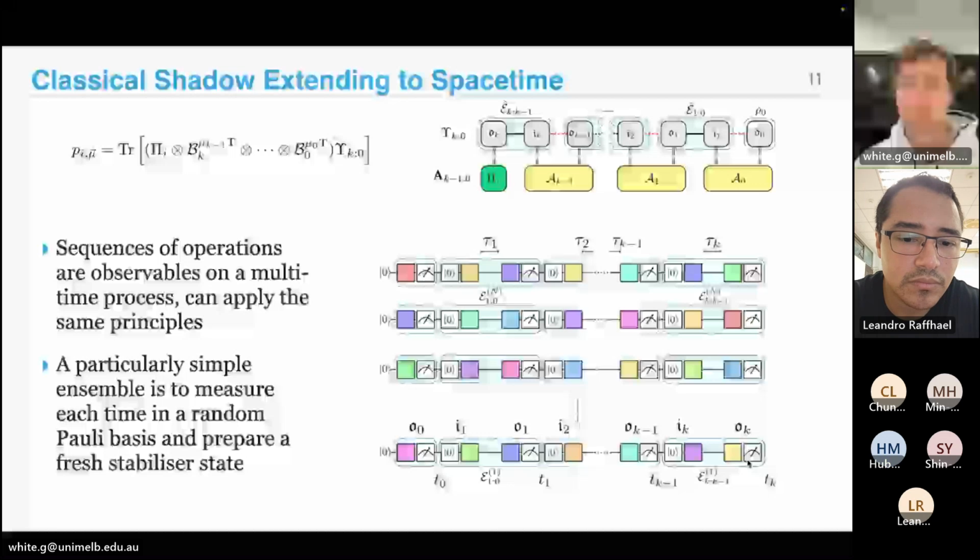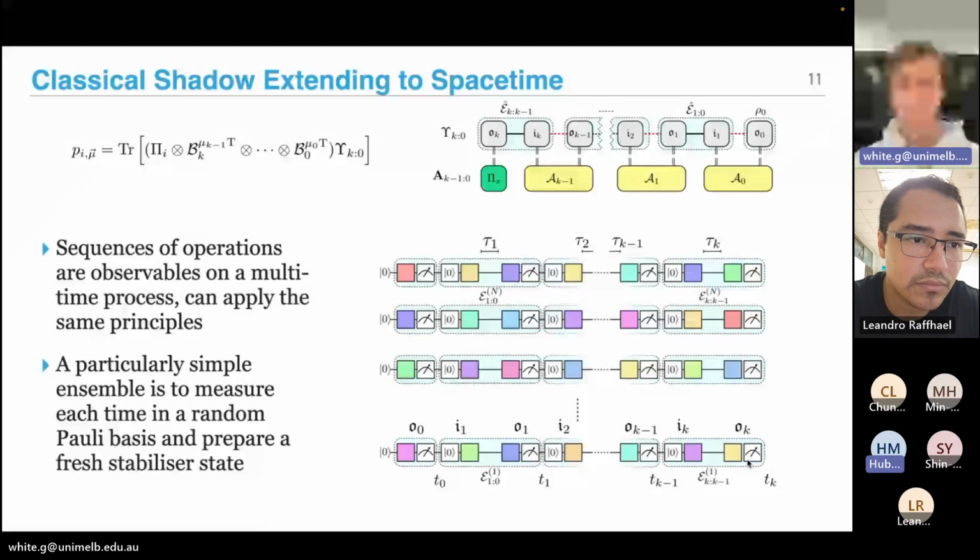Okay, I see. So basically you use this classical shadow concept to do the causal break preparation, but classical shadow can also estimate expectations of observables. So that part you didn't use, or it can be further used in your case?